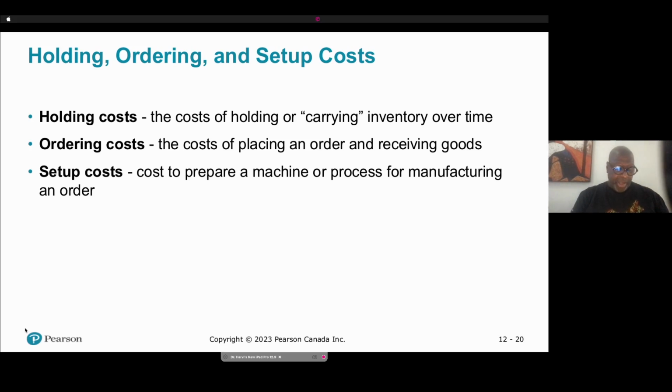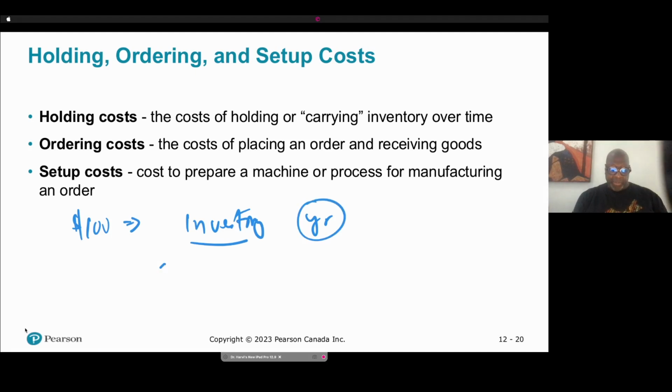So if, for example, I had $100 and I bought an item and held it in inventory, the cost of holding this for a year would be at the very least equivalent to or greater than if I had put this money in the bank. If I was going to get maybe a 10% interest from the bank, then 10% of 100 per year would be $10. So the cost of carrying that item would be at least $10.